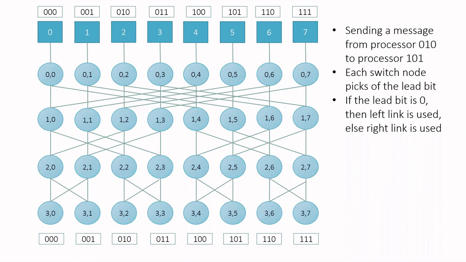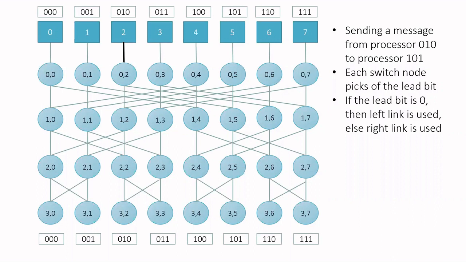For example, if processor 010 wants to send a message to processor 101, it attaches the address of the destination, that is 101, to the message. So the switch node 02 sees the first lead bit of the message, which is 1.